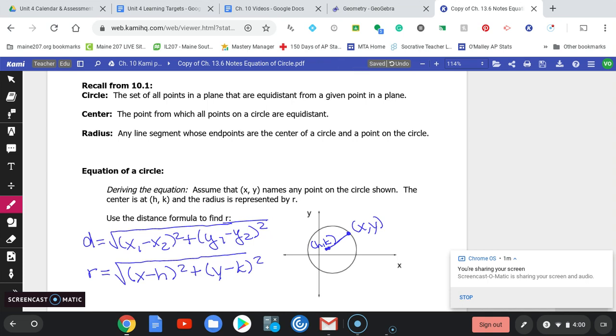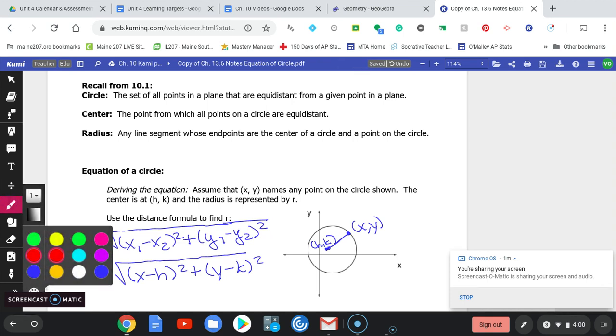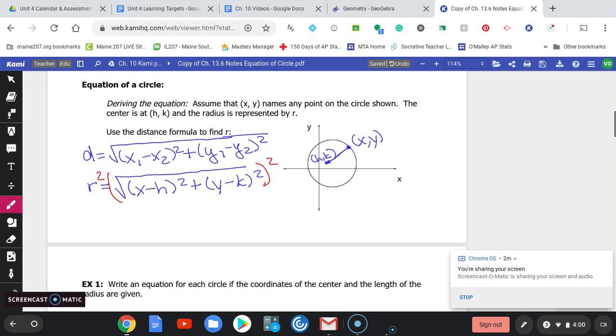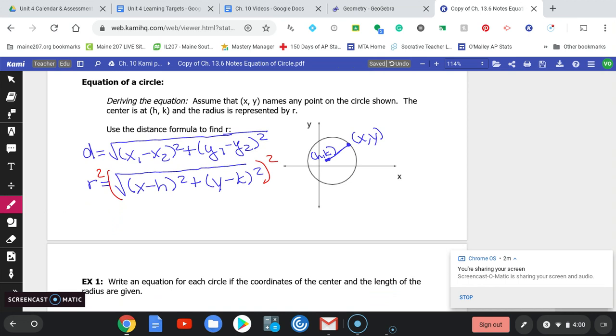And then we're going to go ahead and square both sides of the equation, and we find out that r squared is equal to x minus h quantity squared plus y minus k quantity squared. So that's the general form of the equation of a circle. It's x minus h squared plus y minus k squared equals radius squared. That's how we usually write it.